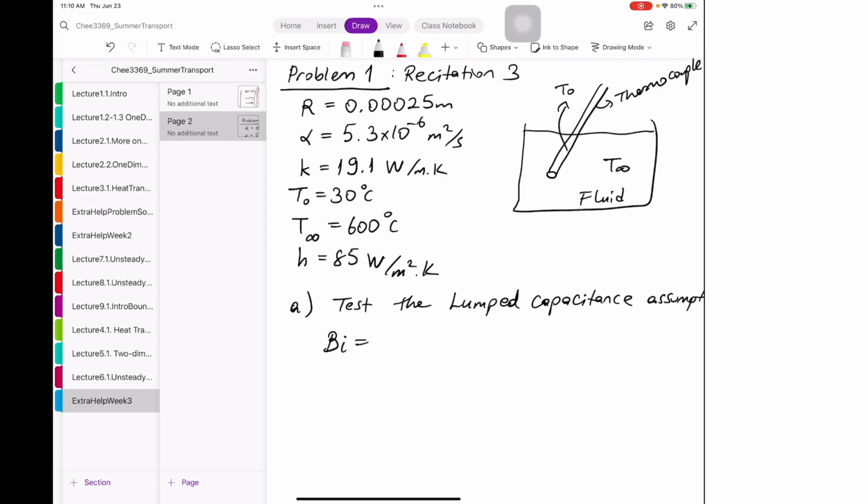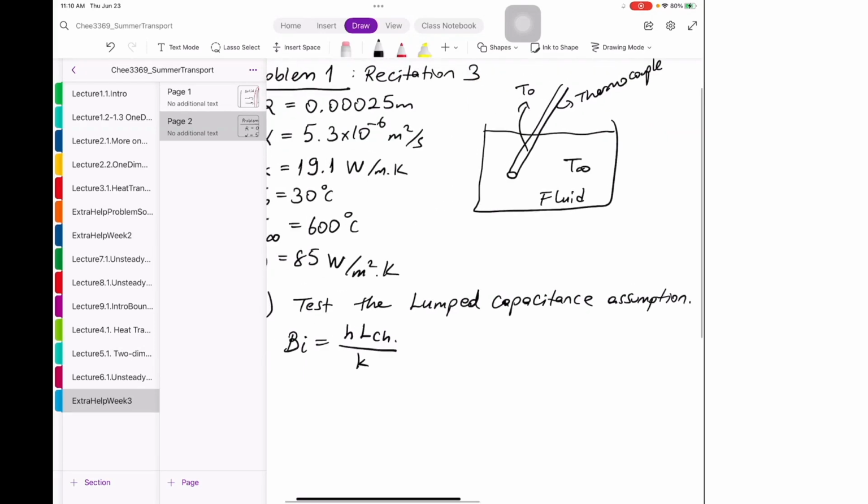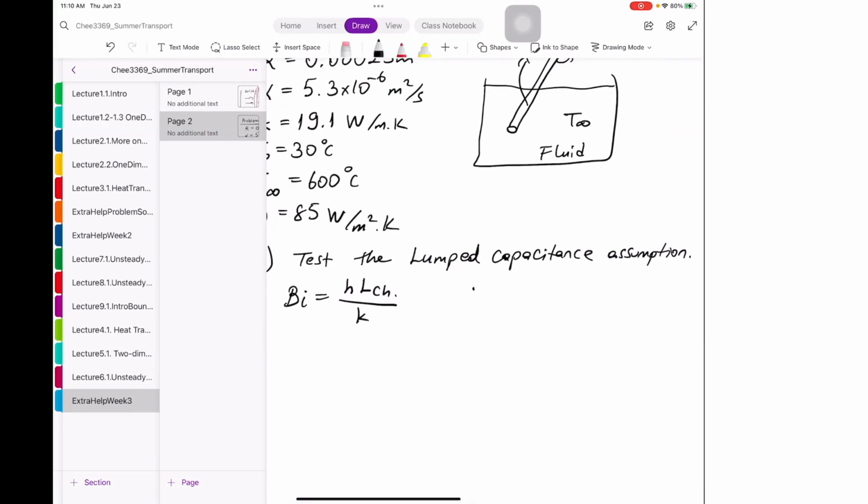Anybody who remembers the Biot number? What is that? H L characteristic divided by K. Exactly, H L characteristic divided by K. For cylindrical geometry, L characteristic is basically V over A surface.